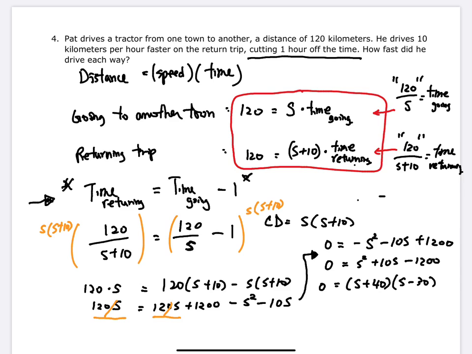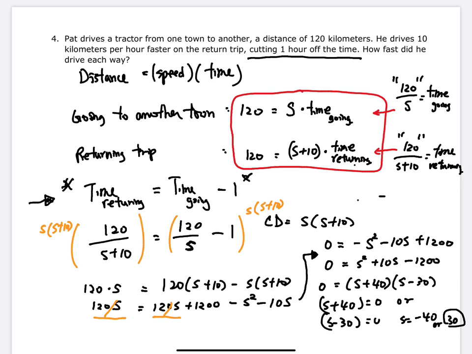So we have s plus 40 equals 0 or s minus 30 equals 0, which means s is either negative 40 or 30. Now obviously we can't have a negative speed, so we know s has to be 30.